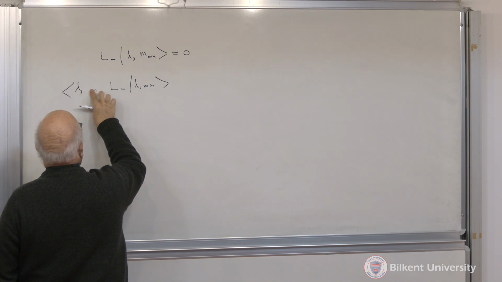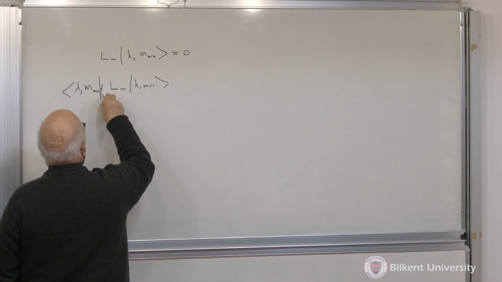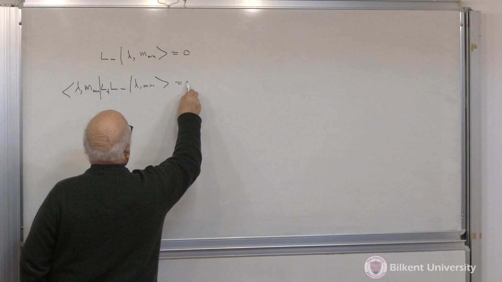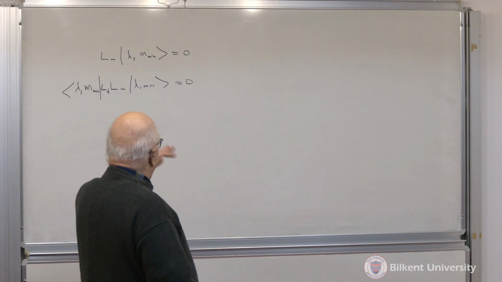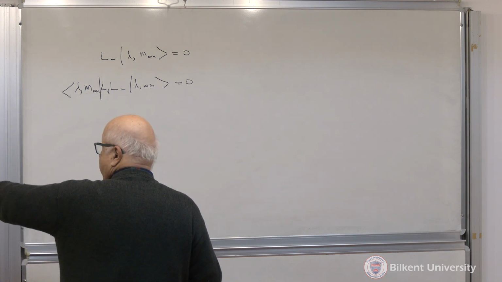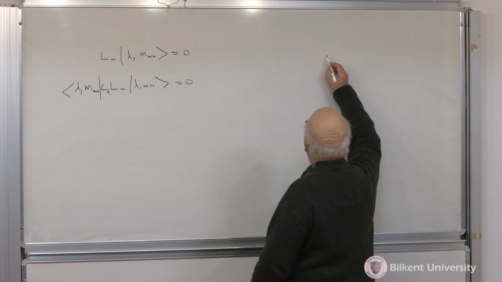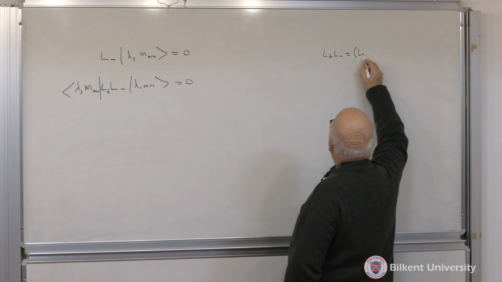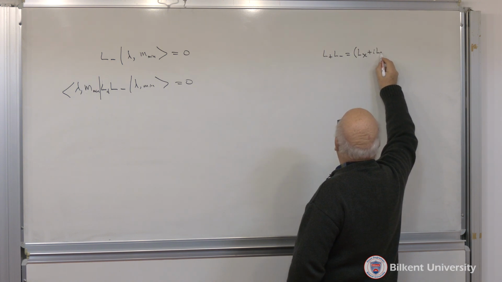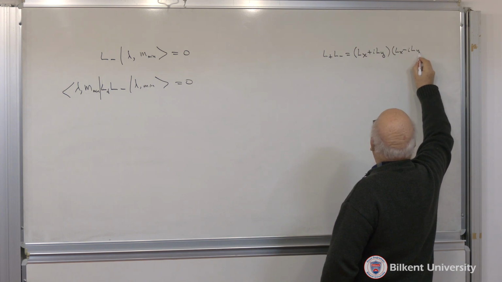times L plus, has to be equal to 0. But now I have L plus L minus, the opposite of what I had over there, L minus L plus, but I can again work it out very simply. L plus L minus is just Lx plus i Ly and Lx minus i Ly.